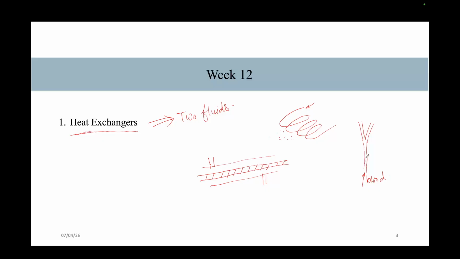I am just giving you an example. If this is your hand, and you are going outside on a hot summer day, wearing a half shirt, your hand is exposed to the atmosphere, right?